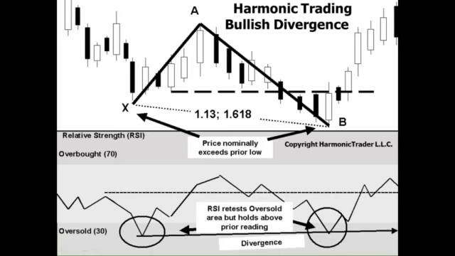Now, within what I consider a harmonic trading bullish divergence, there are some very key distinguishable events that must occur that separate a divergence reading from other nominal readings. One of the main points is that this initial reaction from the A point must test the 50 level.